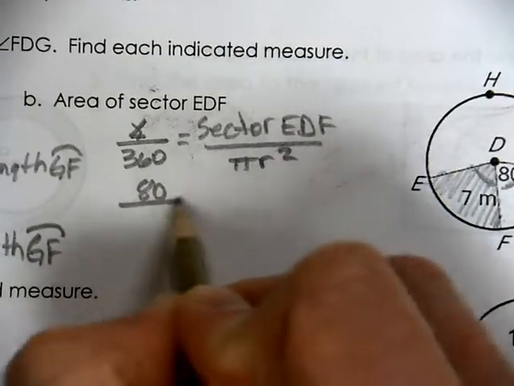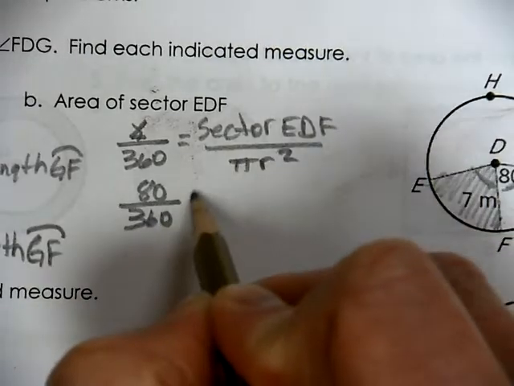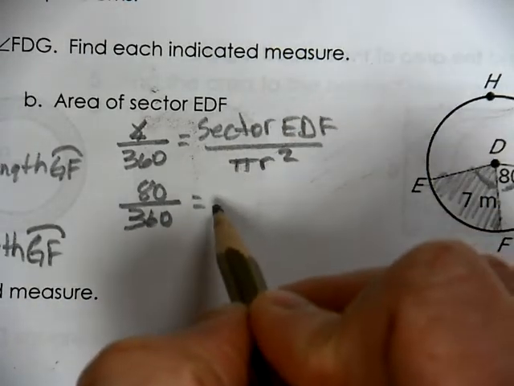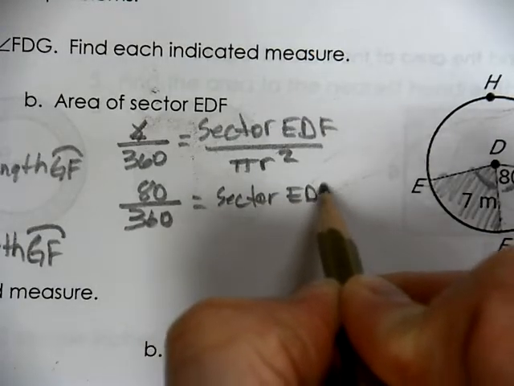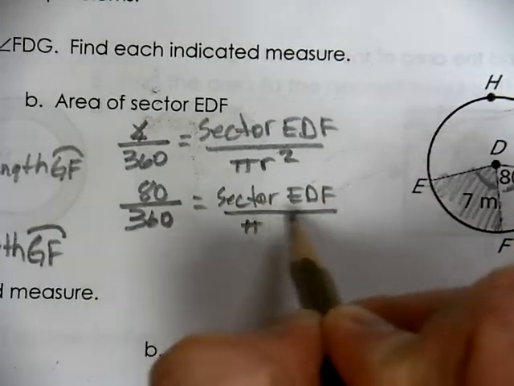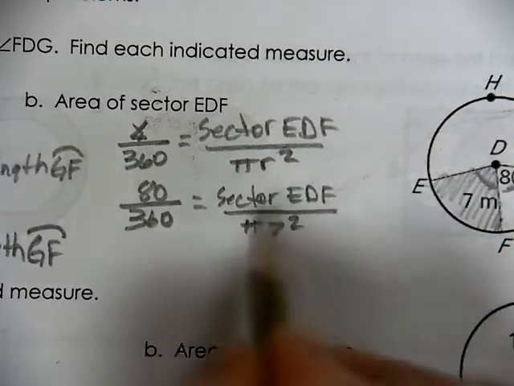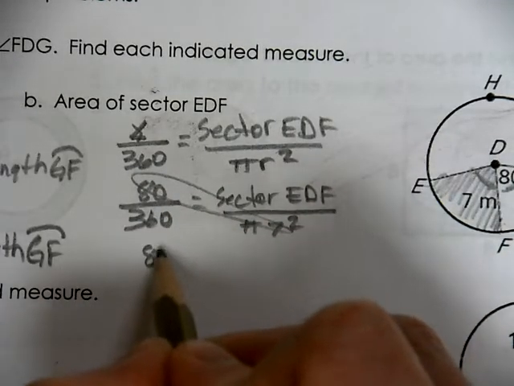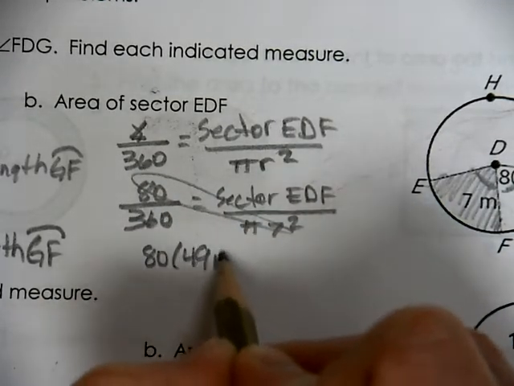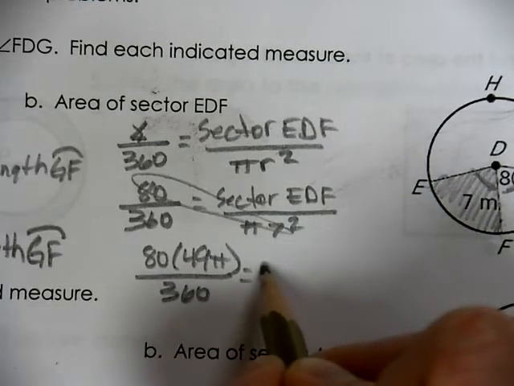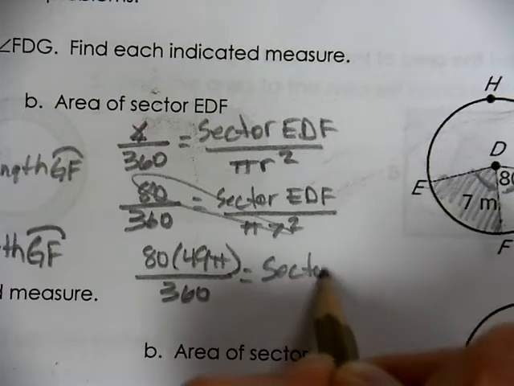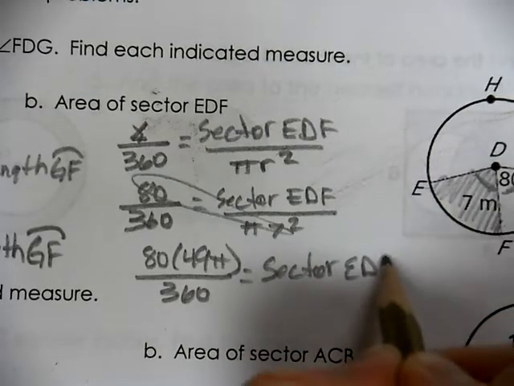So we know that they're congruent, so it's 80 degrees. We're looking for the area of the sector. Pi 7 squared. So that's 80 times 49 pi over 360. That is the area of the sector of EDF.